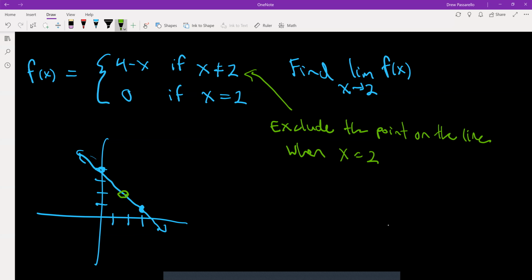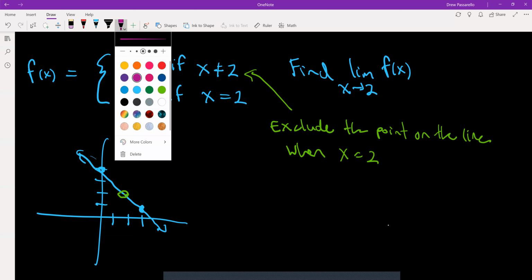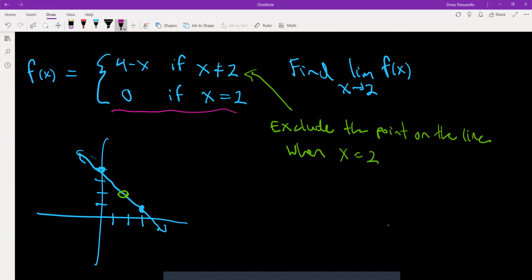And then it tells us for the second piece, this gives us what 2 turns out to be, what its output is. So this gives 2, 0. That's the point right there. So this is a piecewise function.